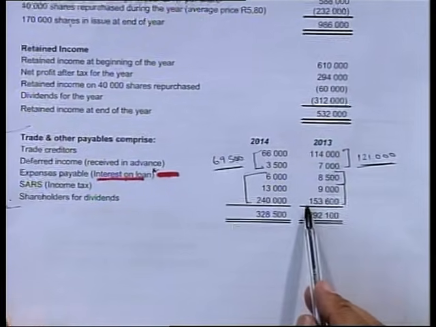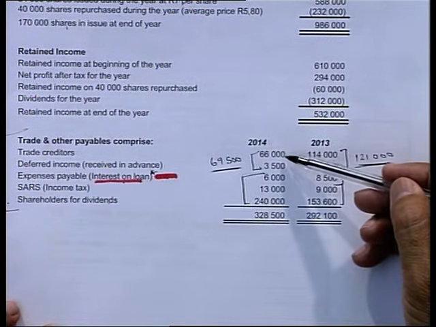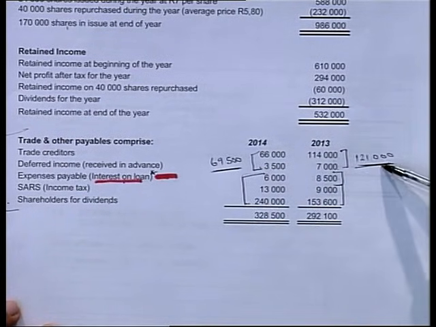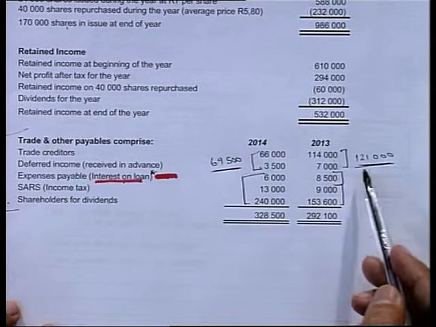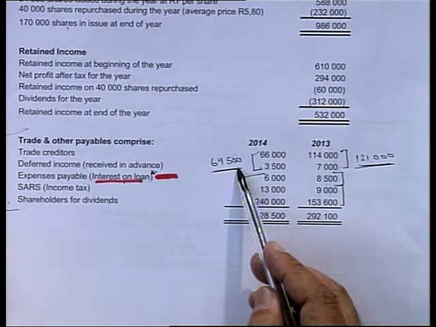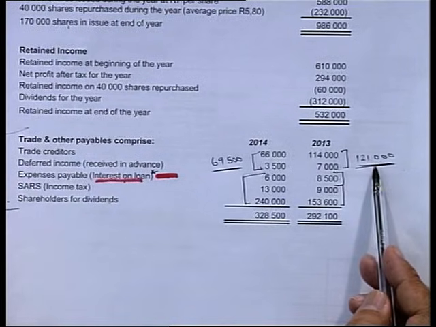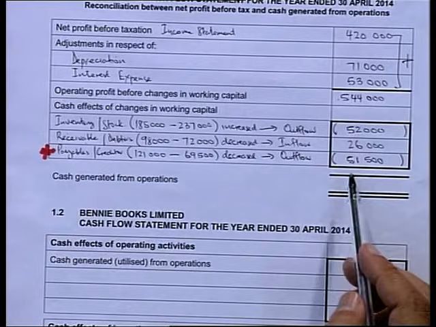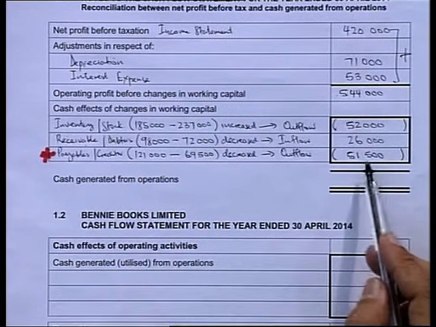So the only items left will just be the difference between the 69,500 and the 121,000. So that's why my bracket shows 121 minus 69,500. And there you can clearly see that you owe the creditors less, meaning that we've paid them 51,500 for the current year.